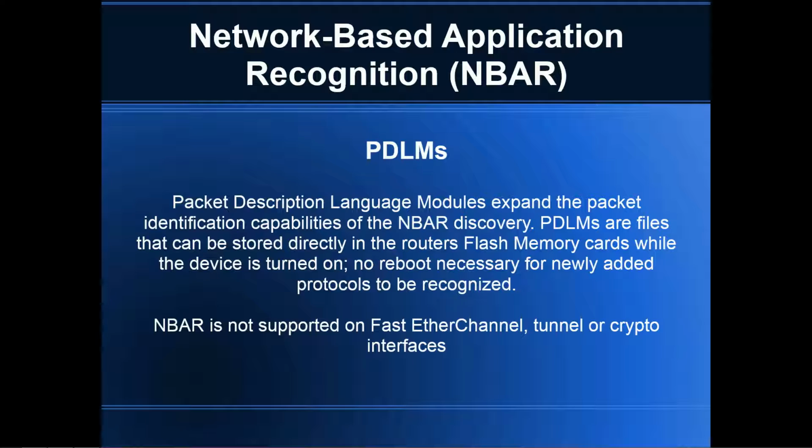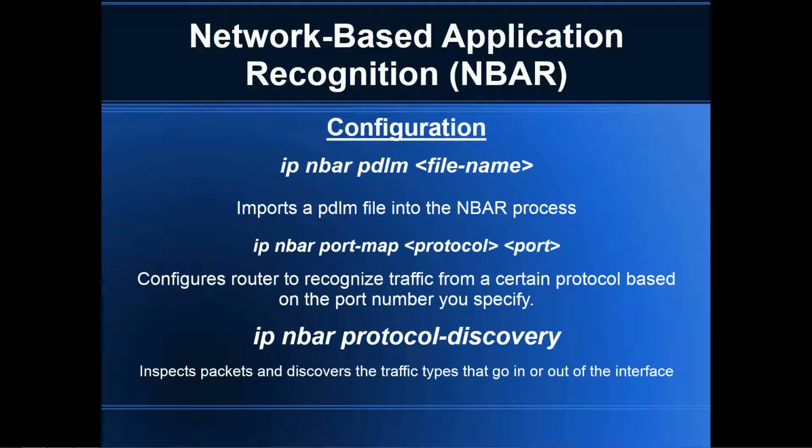So things like our EtherChannel, our tunneling, our crypto interfaces, nope. So how this works is IP NBAR, PDLM, and the file name. You could also do it based off of protocols and ports, and all of that allows you to do priority based on either port or application.